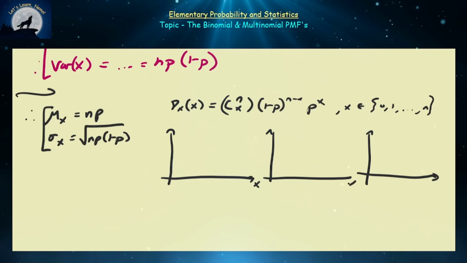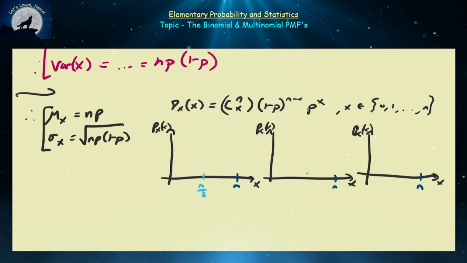So this horizontal axis is going to be equal to x, and then we're going to have the probability mass function on the vertical axis. So the number of trials is obviously going to be capped off by n. And let's actually use a focus point of n over 2. Right, so if you have a probability of success of 50%, then you should expect the mass of this probability to be somewhere centered around n over 2.